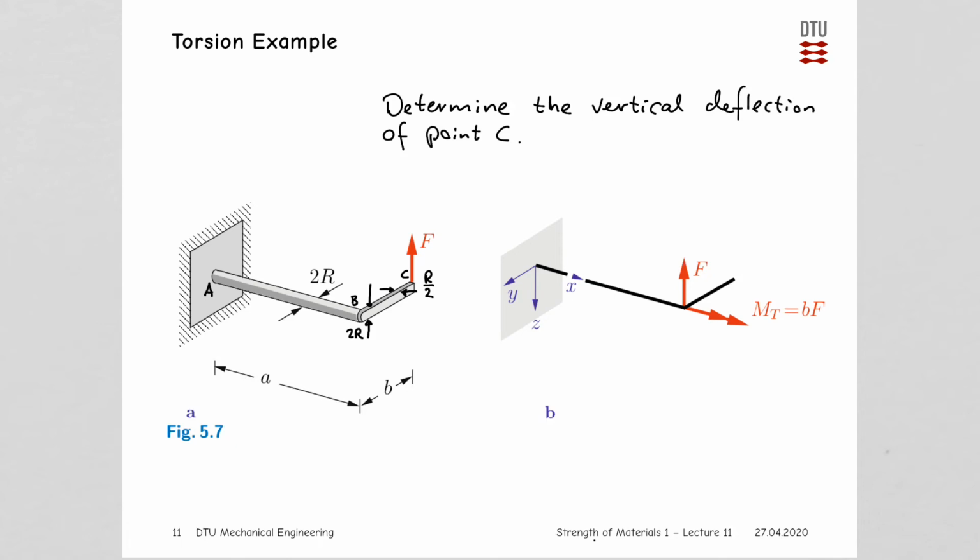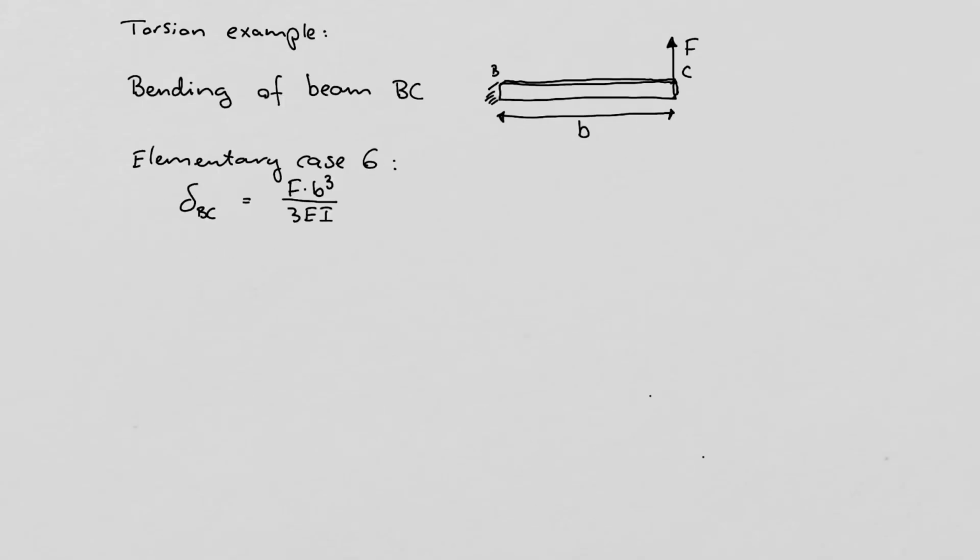These are the dimensions that are given in the exercise, and based on that, we can compute the moment of inertia. So our moment of inertia is 1/12, and then the width, which was r divided by 2, and then the height, which is 2r cubed. And summed up, that gives 1/3 r to the power of 4.